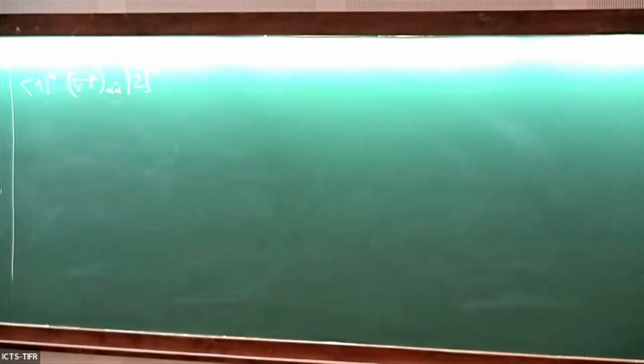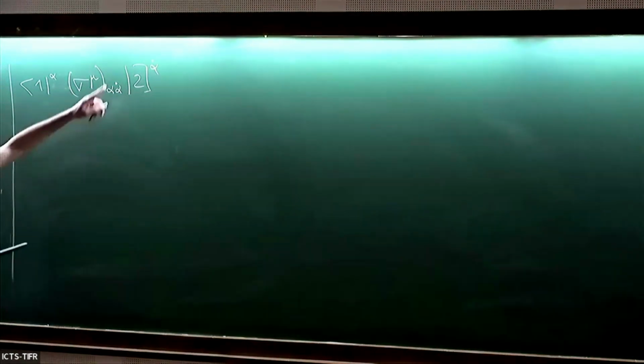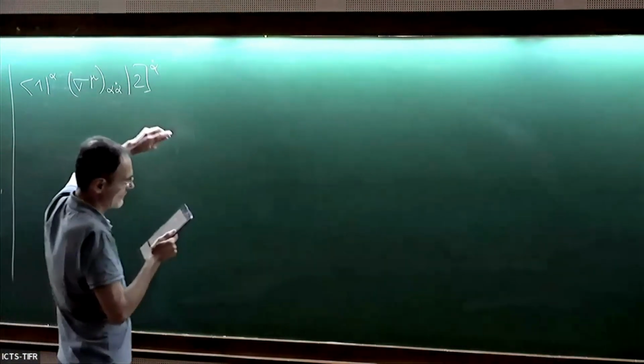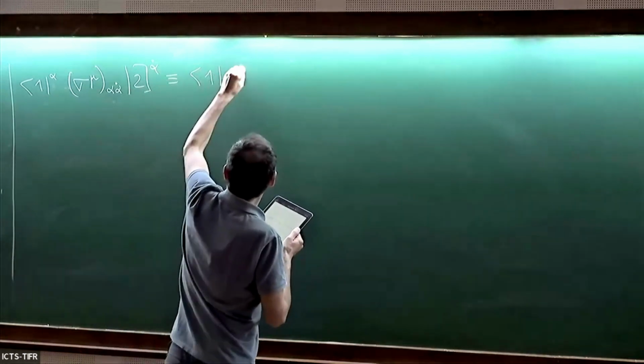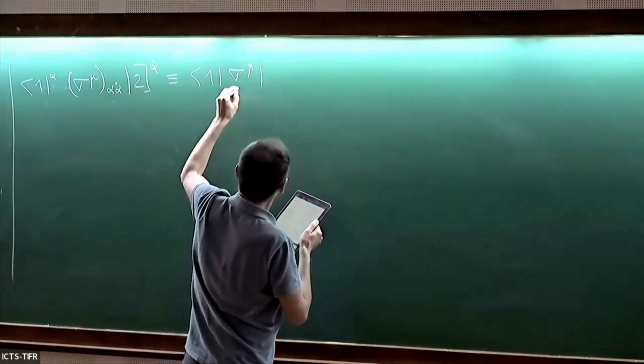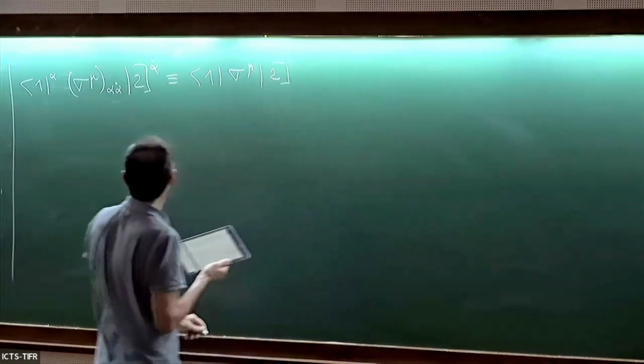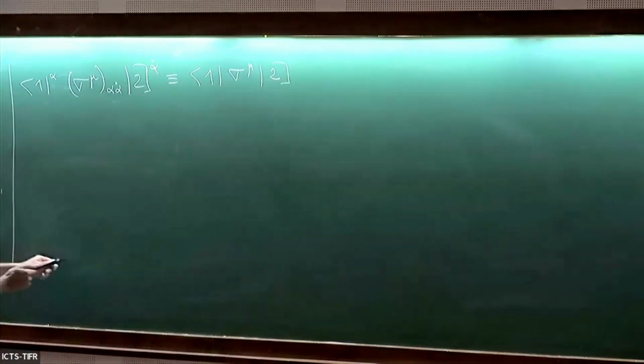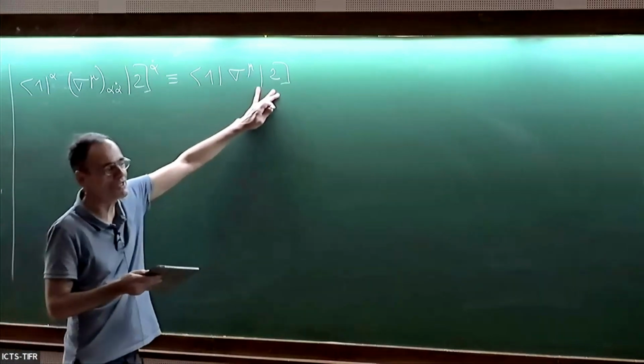Alpha dot up here, because of this definition. Now it's contracted on the indices, it's Lorentz invariant. We define this as 1 sigma mu 2, and we will see these guys like this.